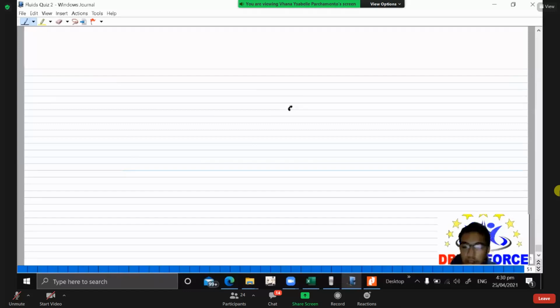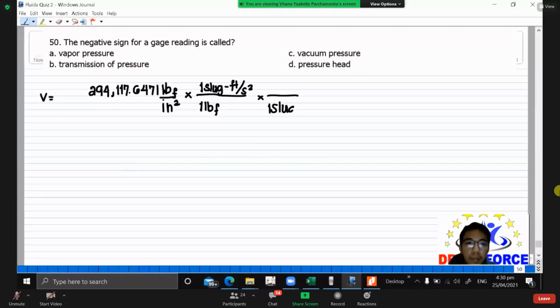So in 1 slug, we have 32.2 pound mass. Ano pang conversion natin? Yung inch, dapat naka-feet. So in 1 foot, you have 12 inches. So squared. So ano bang magka-cancel?